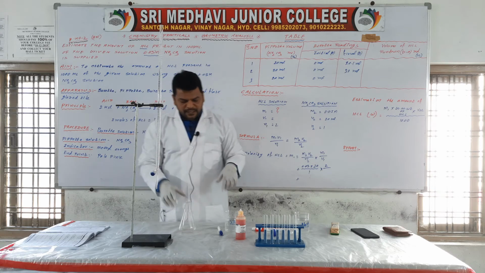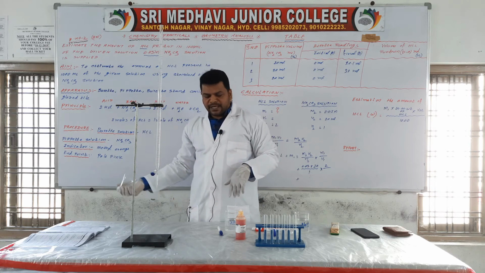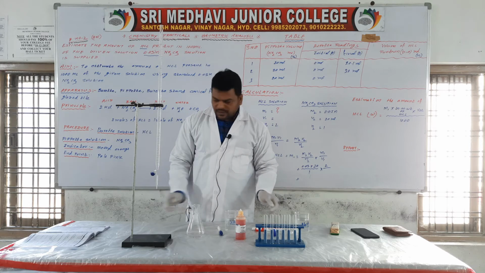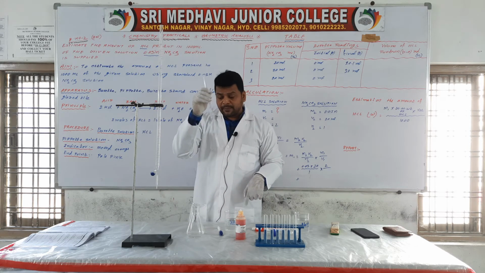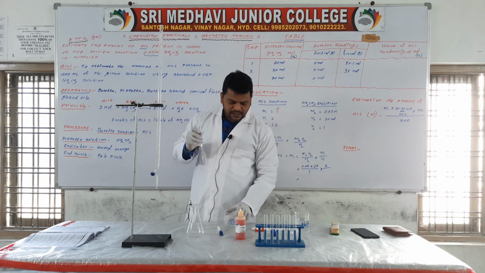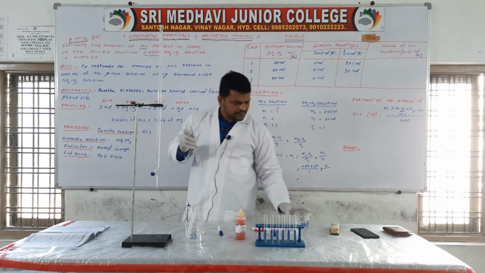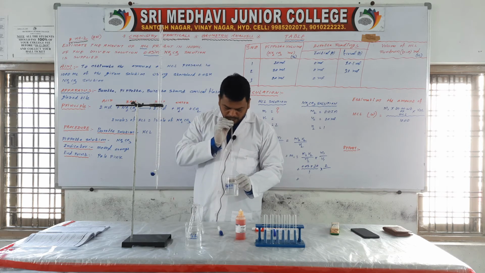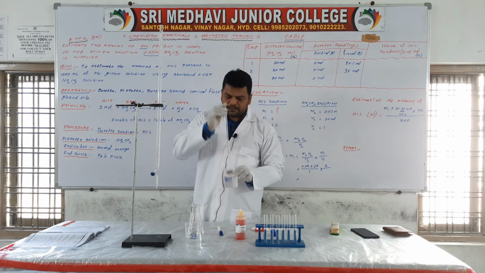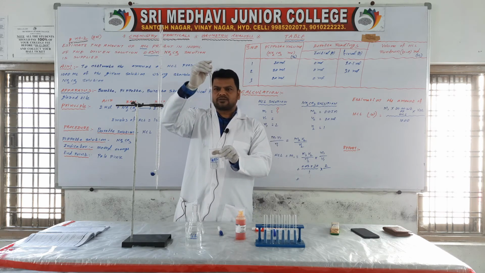Then transfer 20 ml of sodium hydroxide with the help of a pipette into the conical flask. See, I am taking, this is HCl, then I am taking sodium hydroxide. So this is the way we have to take.